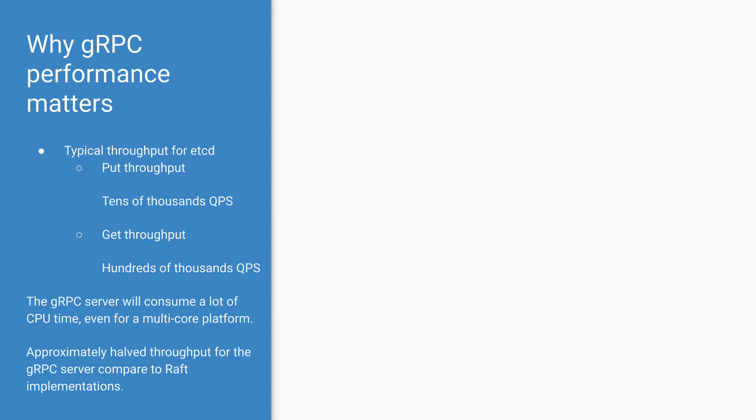However, for a Raft implementation like etcd, the client only needs to send a single request to the leader, and it will await the synchronized response. So the current implementation in Xline leads to approximately half the throughput for the gRPC server in comparison to the Raft implementation. This reduction in throughput occurs because the server has to process two requests instead of one.